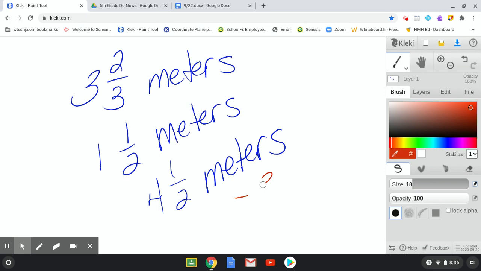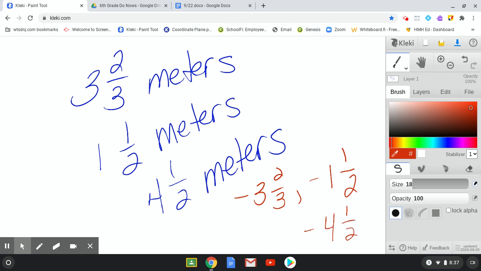So negative 3 2/3, then negative 1 1/2, and negative 4 1/2.